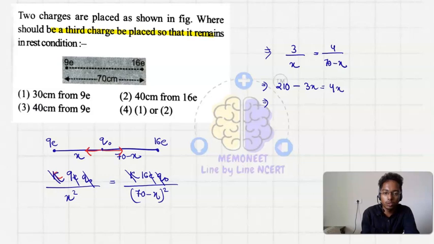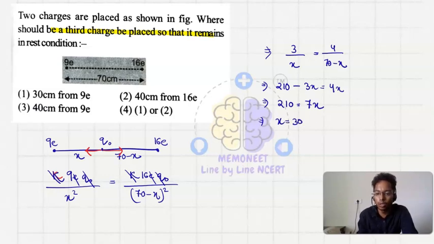So this will be 210 is equals to 7x and x is equals to 30. So from 9 electron, the Q naught charge will be present at 30 centimeters. So our option 1 is correct.